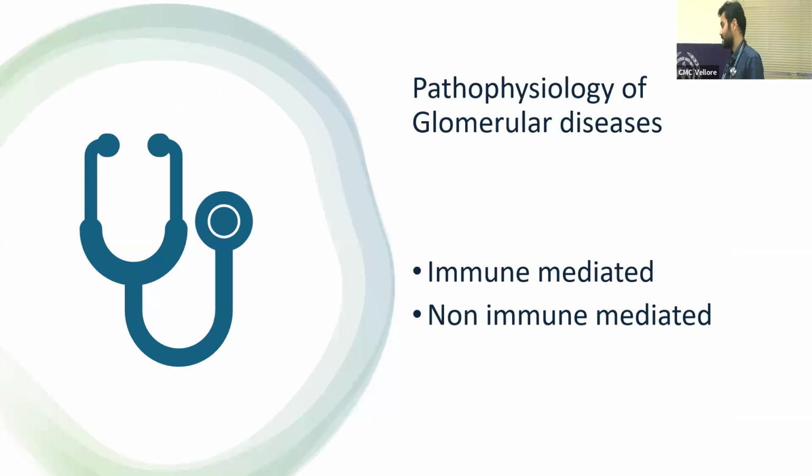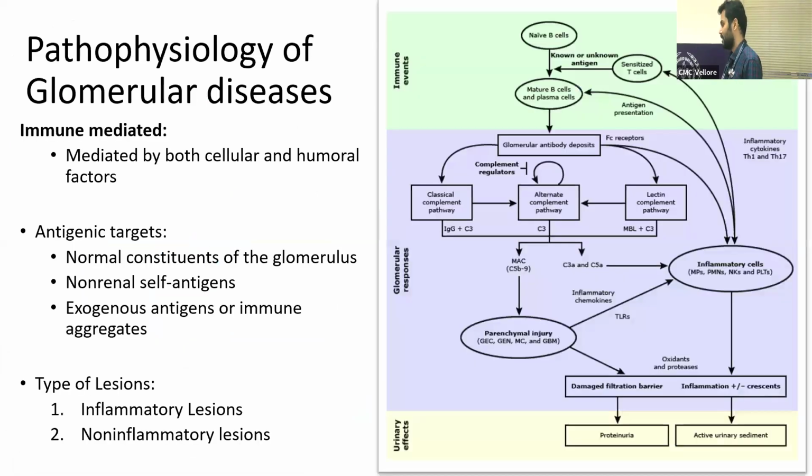So why are some diseases presenting as nephrotic and some as nephritic syndrome? It is due to the difference in the pathogenesis. Some diseases are immune mediated, some are non-immune mediated. The majority of glomerular diseases are mediated by abnormal activation of the adaptive immunity, where both cellular and humoral factors are involved.